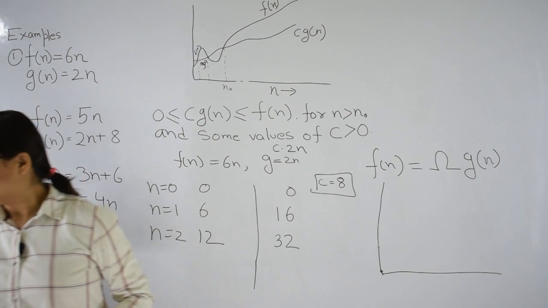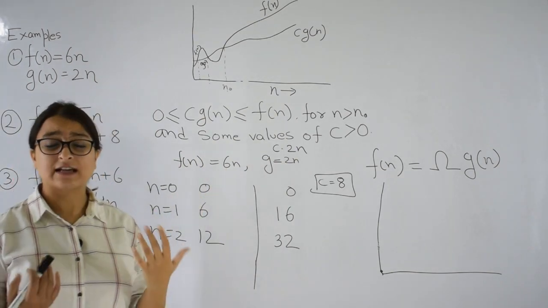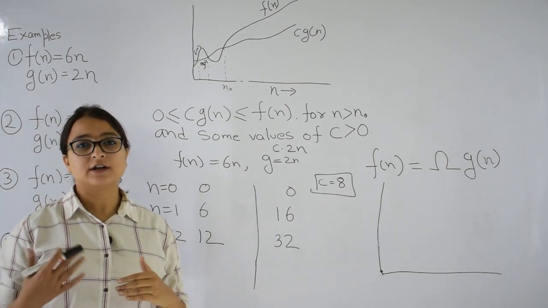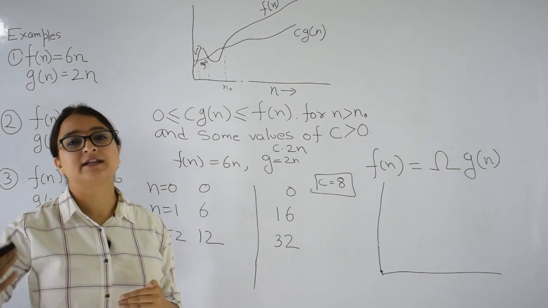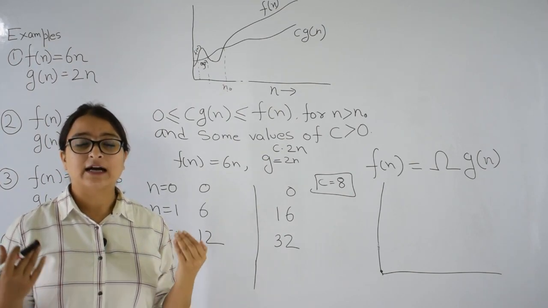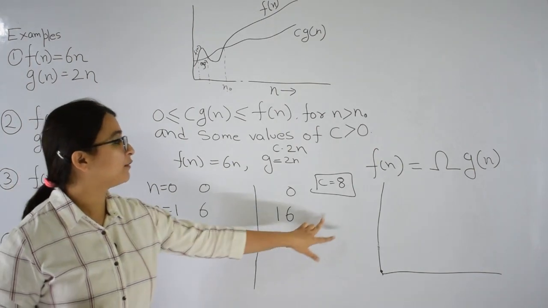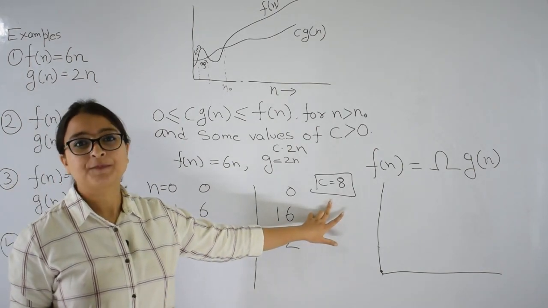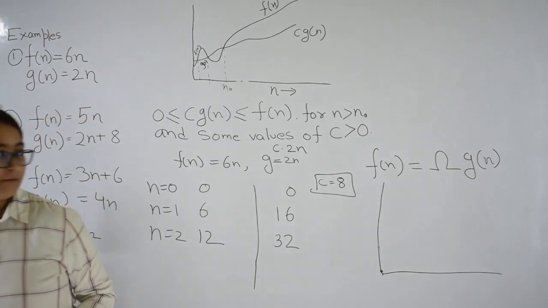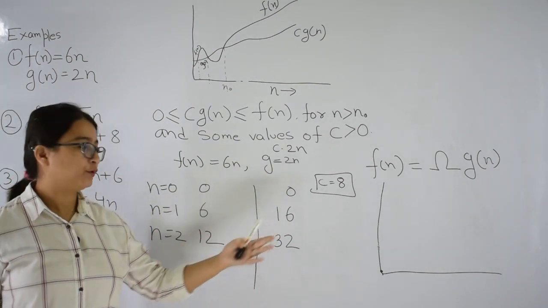I have already told you that it will be satisfied for some values of c. It is not a restriction that it must be satisfied for all values of c. That is not the case. It is allowed that for some values of c it may not be satisfied, for example here you may not be able to satisfy it for c is equal to 8. And also I will not be considering n is equal to 0 very often. I have told you the reason.